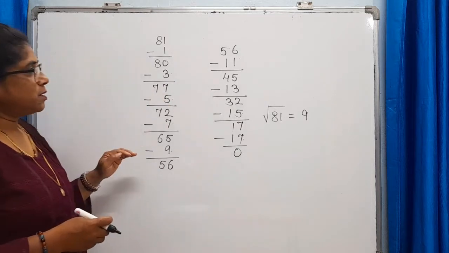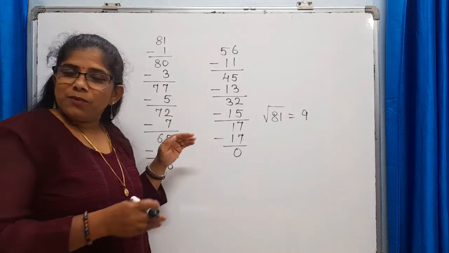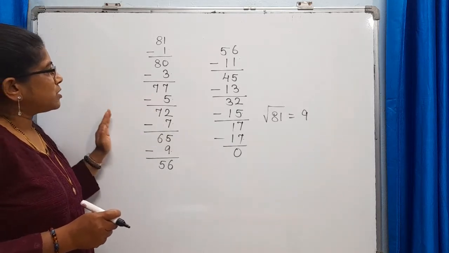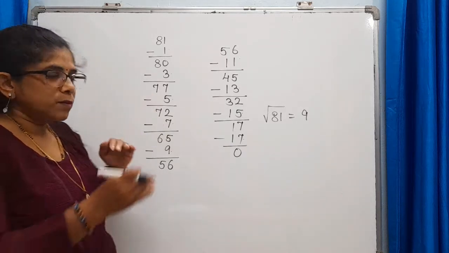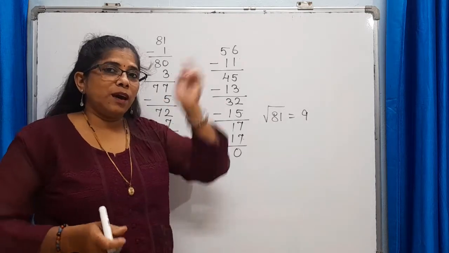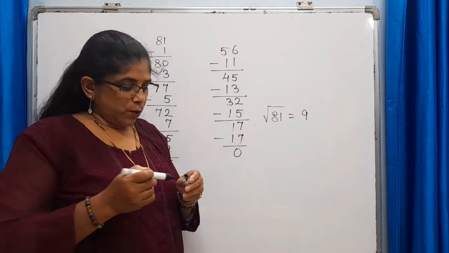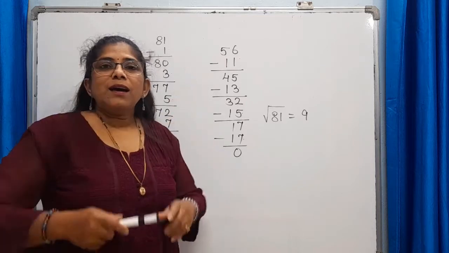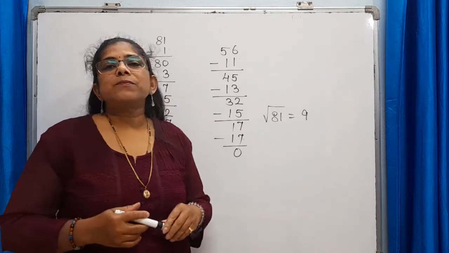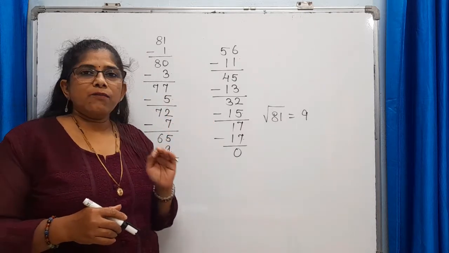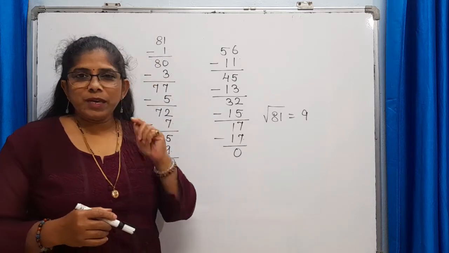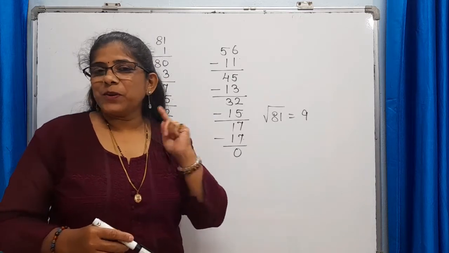So this method, of course, is very easy, very interesting, but we can apply this subtraction of odd numbers method for smaller squares. We cannot apply this for the higher values. To find the square root of higher numbers, 4 digit, 5 digit, 6 digit, we have one quite convenient method which I'll be explaining in my next video.